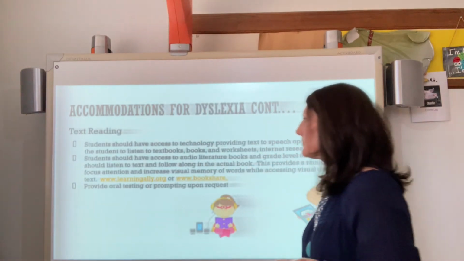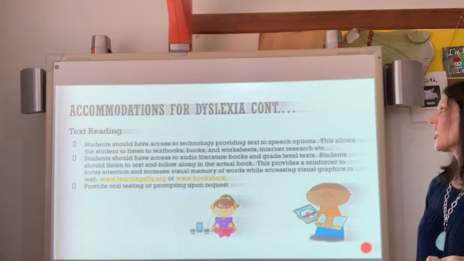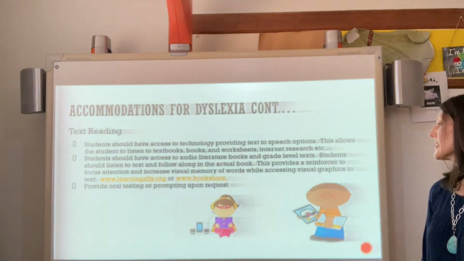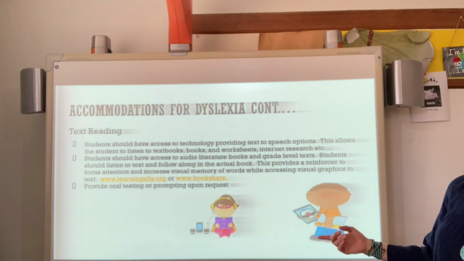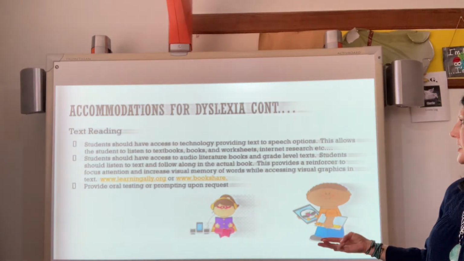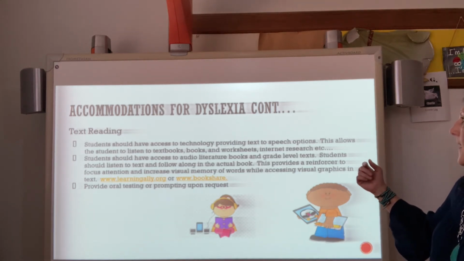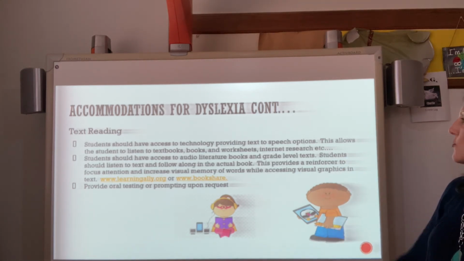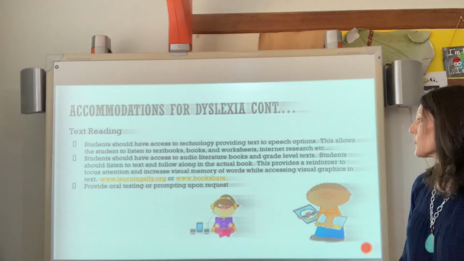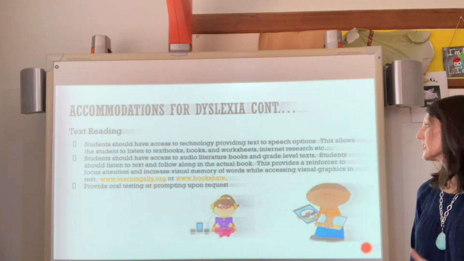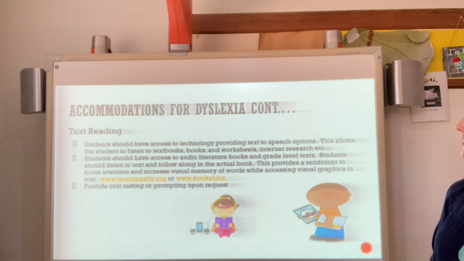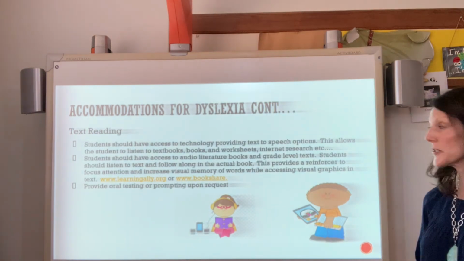Text reading. Students should have access to technology providing text-to-speech options. This allows the student to listen to textbooks, books, worksheets, internet research, etc. Students should have access to audio literature books and grade level text. Students should listen to text and follow along in the actual book.